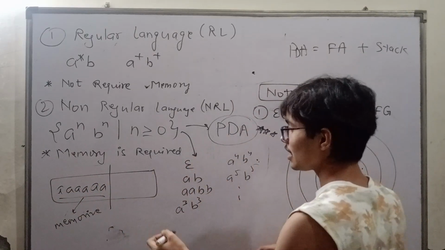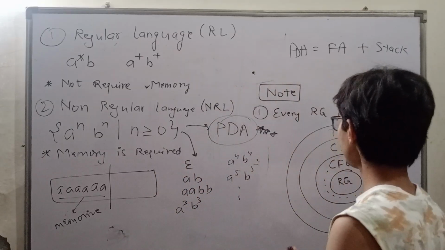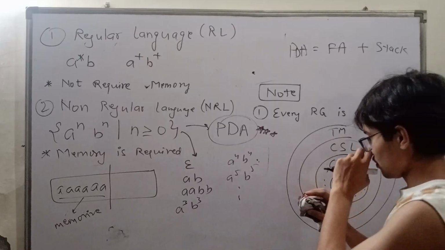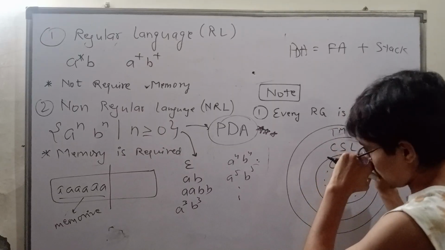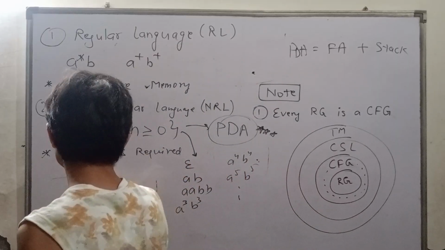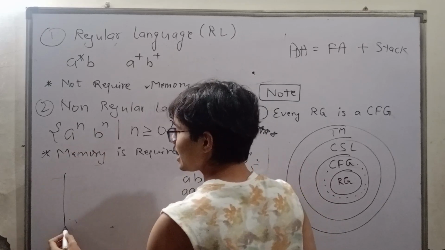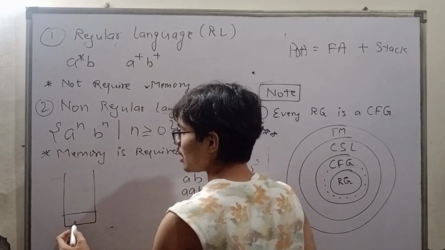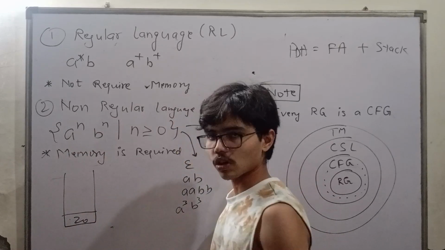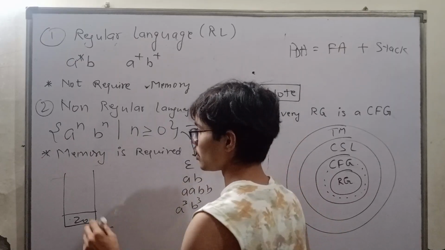How can we solve this using PDA? There is a stack present, and Z0 is at the bottom of it. Just don't think about it if you don't know anything about this.